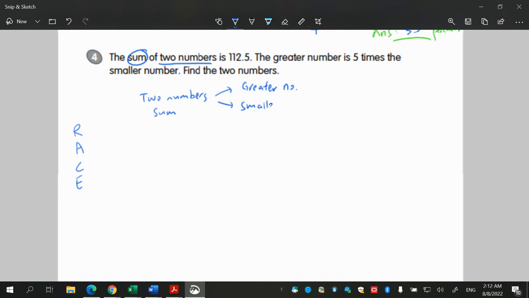I'm writing NO with a dot, or the full stop, as the short form. You have a greater number, you have a smaller number. You have the sum that's given to you, and the question didn't ask for difference. I'm going to write down difference anyway, because every time we talk about two numbers, bigger numbers, smaller numbers, difference kind of appears.